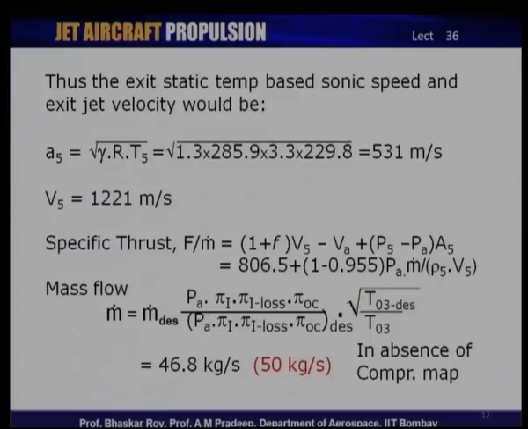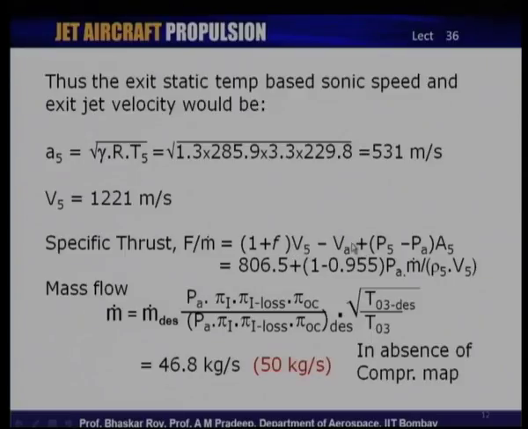This is the jet velocity with which the flow is being ejected from the main engine, and this jet is effectively helping us create the thrust with which the aircraft would be flying. Corresponding to these calculations, the specific thrust may now be calculated using the normal relationship of specific thrust, which is 1 plus f, the fuel air ratio, times V5 minus VA.